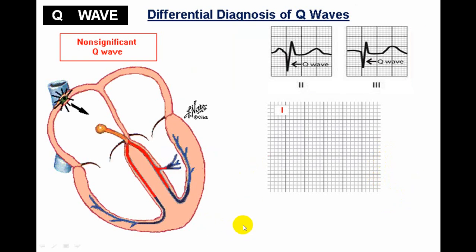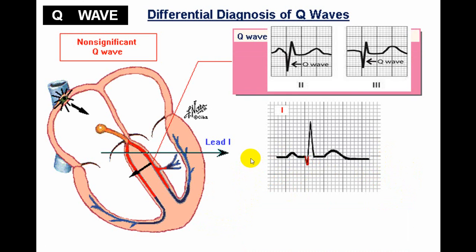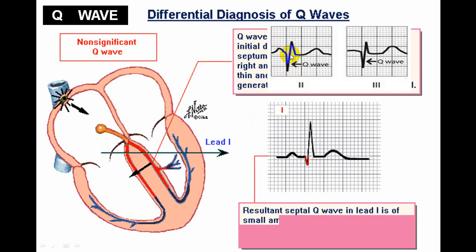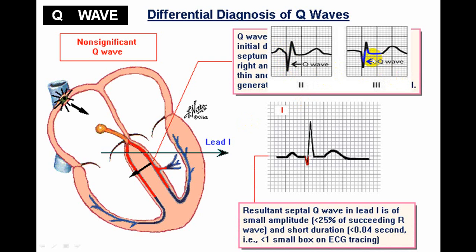I'll go back again. You can see this production. But if it is very deep, you can see here, if the Q wave is such deep, it is pathological, whether in lead 2 or lead 3.